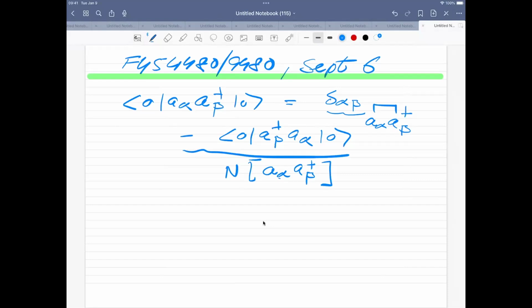What you will see this rewritten as, and this is actually Wick's theorem for two operators, one creation and one annihilation. If I have only one operator here, just one, then we know immediately that that has to be zero from the definition of the annihilation and creation operators. And if we have only a creation operator, so having an odd number of creation and annihilation operators gives us zero.